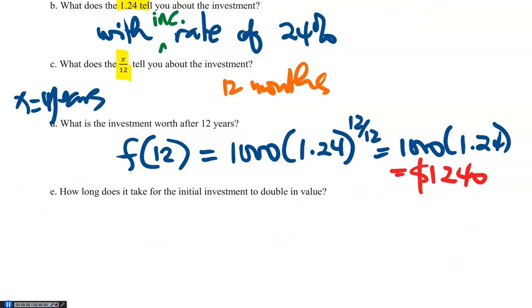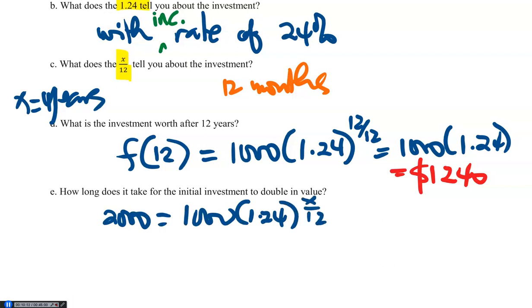How long does it take for the initial investment to double its value? So at the beginning you have $1,000. To double it, it would be 2,000. So let's say 2,000 is equal to 1,000 times 1.24 raised to x over 12.